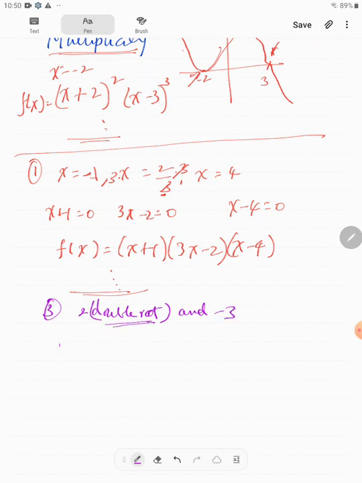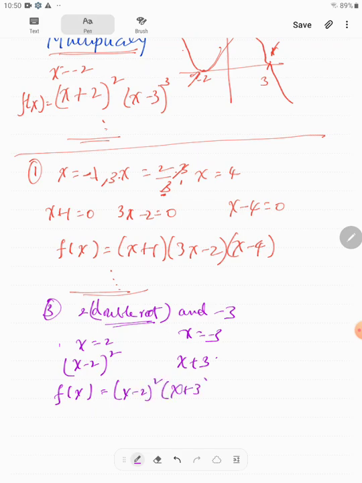So whenever you see a double root, it means that this root x minus 2 is going to square, and there is nothing happening here, so it remains x plus 3. So f of x is actually x minus 2 squared times x plus 3. And you multiply it through, please, and write your answer.